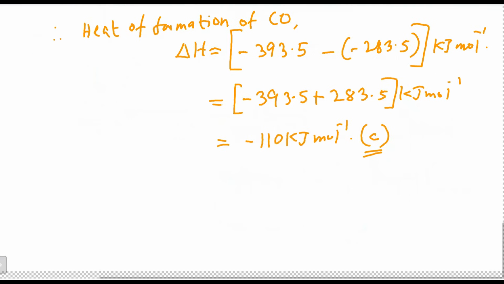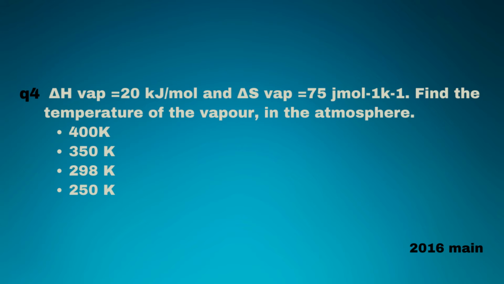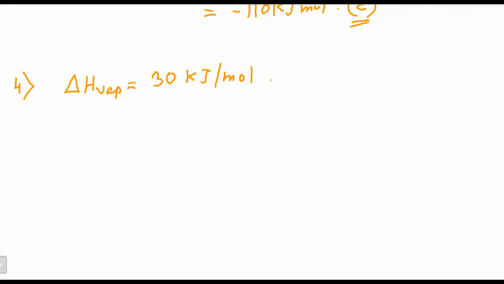Now moving on to our fourth question. Delta H vaporization, that is enthalpy of vaporization, is given as 30 kilojoule per mole, and the entropy of vaporization, delta S vaporization, is given as 75 joule per mole per Kelvin.